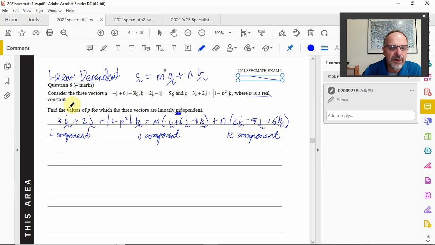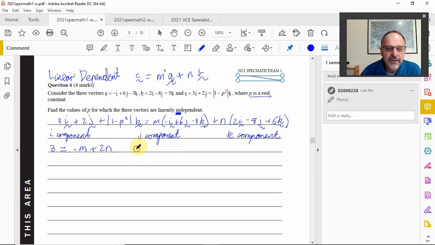So for the i components, we've got 3, and that has got to equal the combination from these two. So it's got to be negative m plus 2n, because the 3i you've got to get from the combination of those i components from A and B.